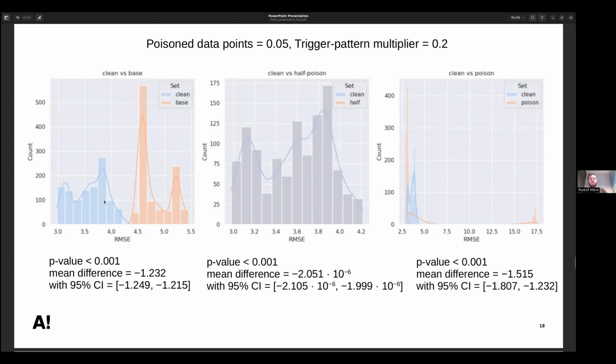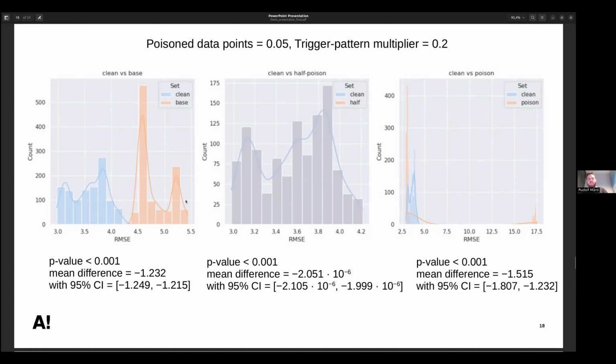On the blue, we have the clean RMSE dataset. So the values obtained from the poisoned model on clean test dataset, and base RMSE set, which is obtained from the baseline of the clean model, trained on clean training data. The RMSE is also calculated on the clean test data.